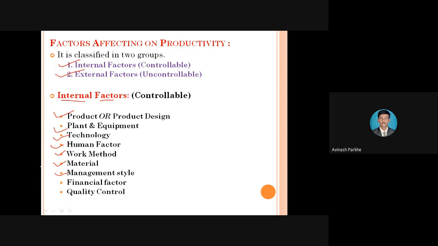In addition, as per the standard, a worker has to work 8 or a maximum of 10 hours, but if the management takes work for more than 10 hours, maybe 12, 13, 15 hours, the workers cannot work in an effective manner, and automatically it will affect the productivity. Therefore, which type of management style we implement in the industry is also one of the internal factors, and it is controllable.